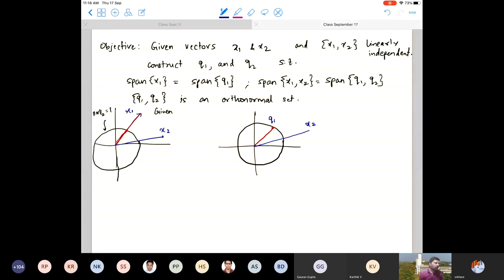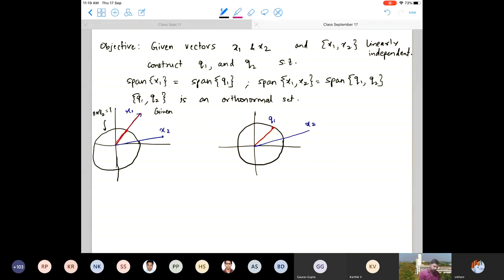Then what do I do? Now I look at the projection of x2 on q1. The angle between them is theta. The projection of x2 on q1 is q1 transpose x2, into q1.